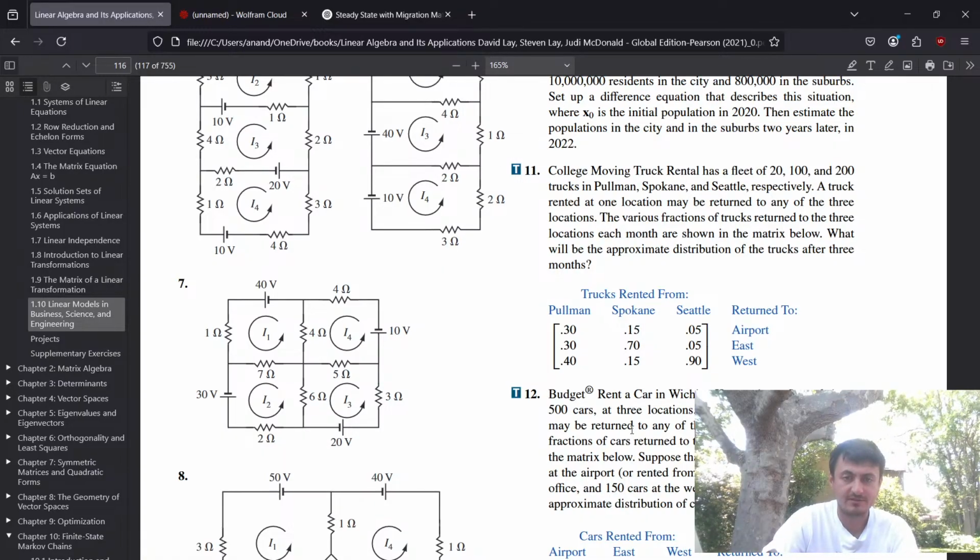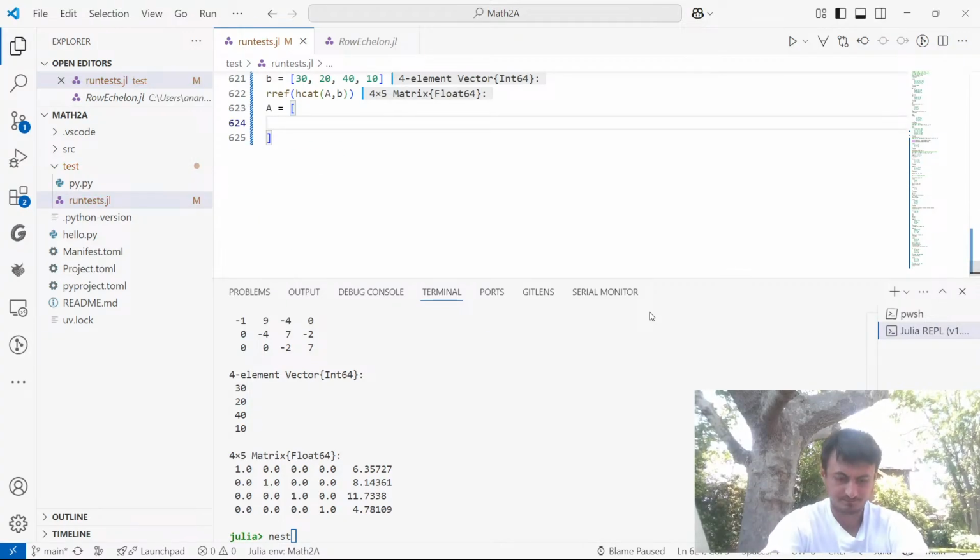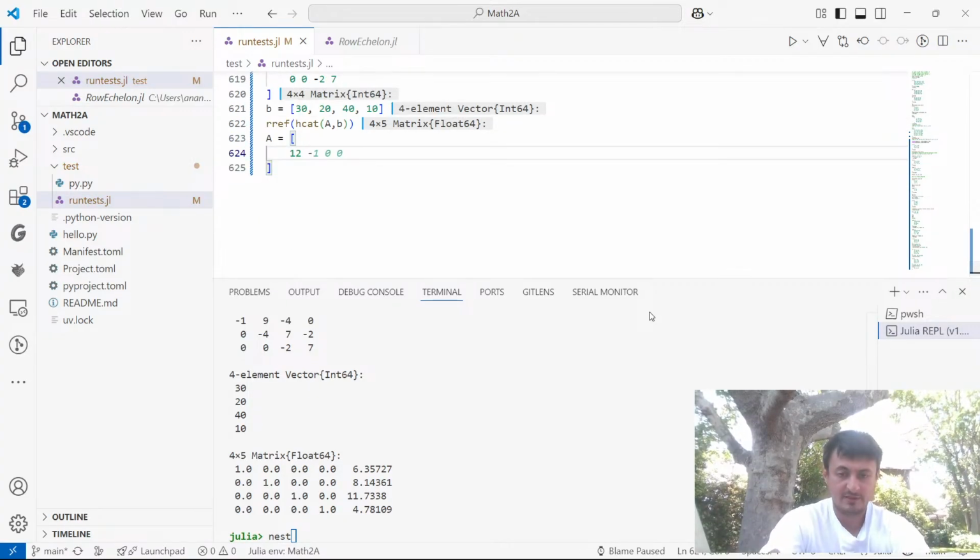And then I4, it's going to be minus 10 is equal to 13 I4 minus 4 I1 minus 5 I3. All right, so let me just write that down. 12, minus 7, 0, minus 4.